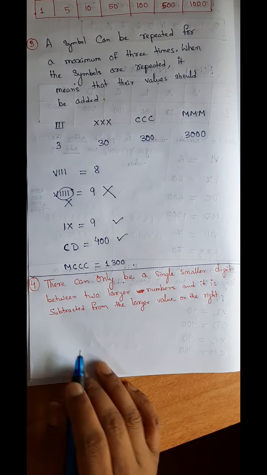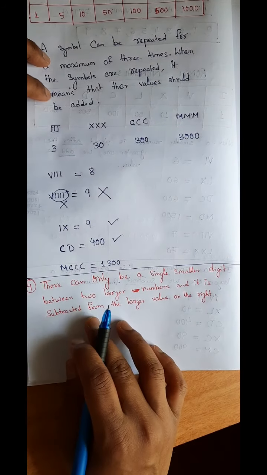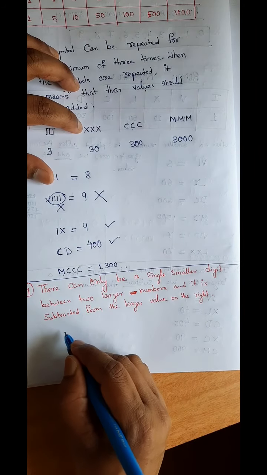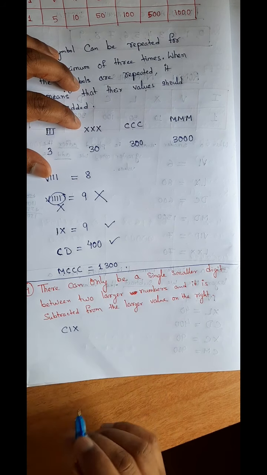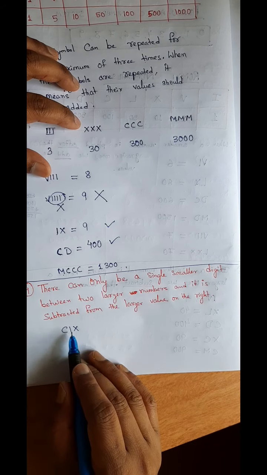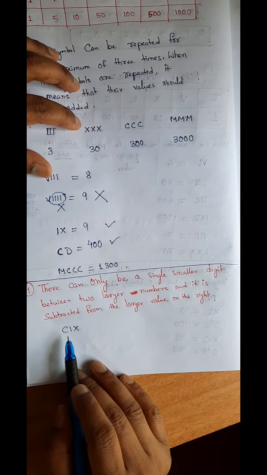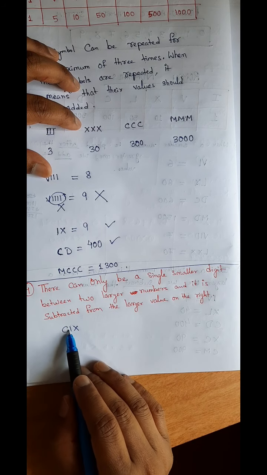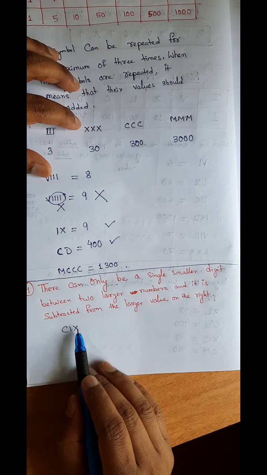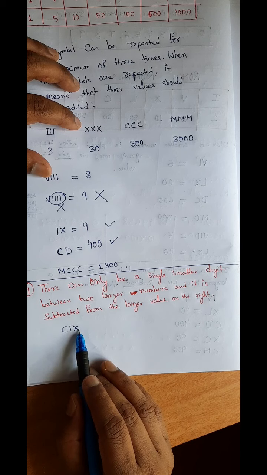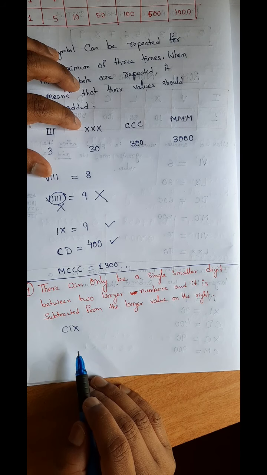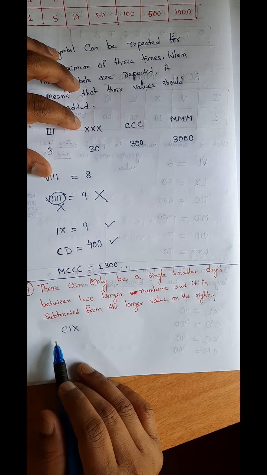Okay, now the last rule. Before reading this, I want to show you a number. Now see this, CIX. Between two larger numbers there is a smaller number. I is smaller than X and also smaller than C. Now what to do then?